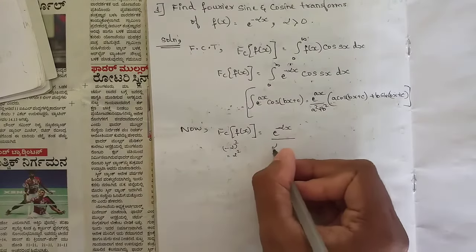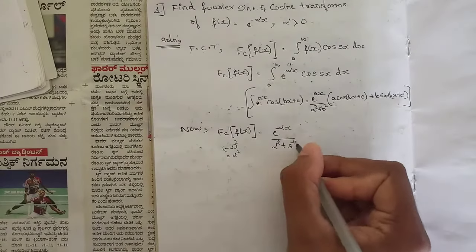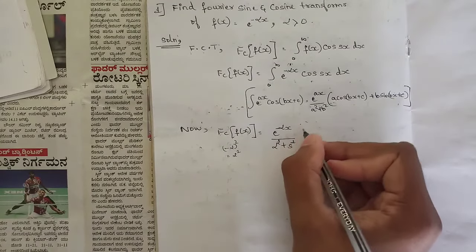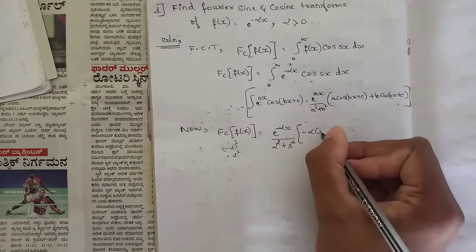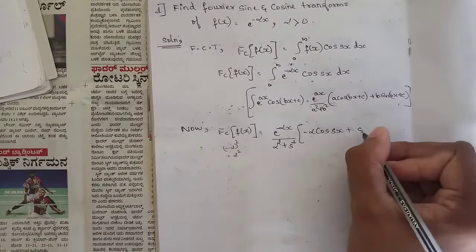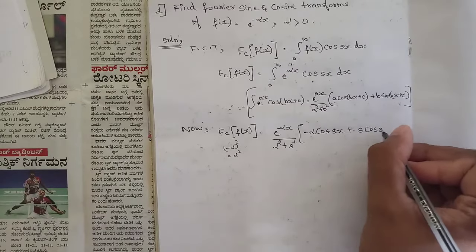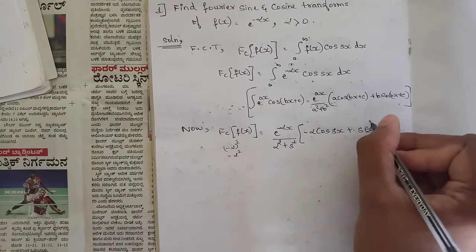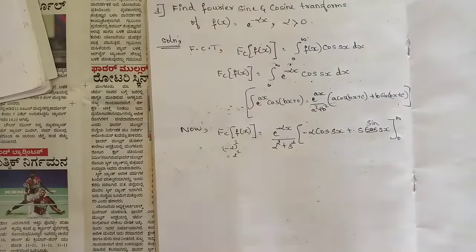So it is alpha square plus the value of b here, s square, into minus alpha cos sx, that is a cos bx, plus b, which is s, sin sx, and the interval is from 0 to infinity.